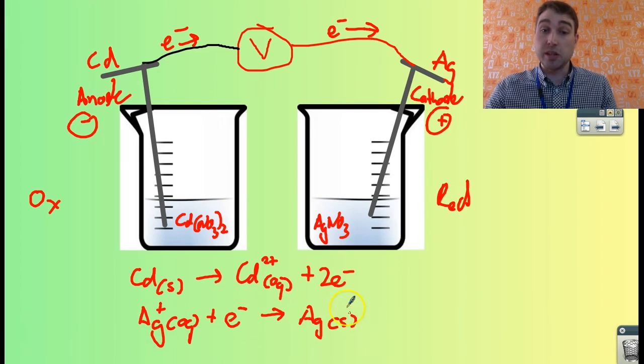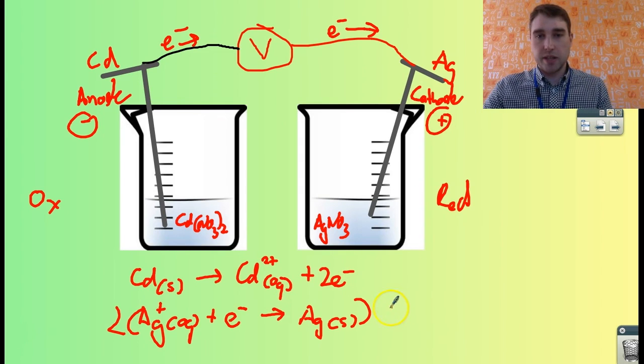If we wanted to, we could then write the overall equation by timesing this one down here by 2, so we have the same number of electrons on both sides. And then we'd be cancelling out the electrons. So we'll just write that out quickly. So we've got 2Ag+ aqueous, so it's 2 silver ions in solution, plus 2 electrons goes to 2 solid silvers.